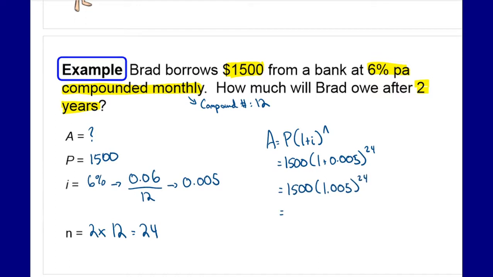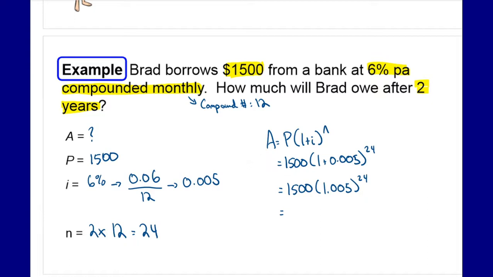Again, when you're solving using a calculator in this case, especially if you're using a phone calculator, make sure that you're solving the exponent first, right? You have to do the 1.005 to the power of 24 and then multiply that by the 1500. Do not multiply the 1500 times the 1.005 and then raise that value to the exponent.